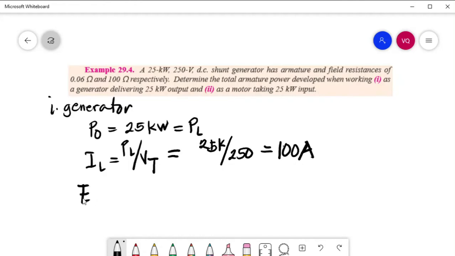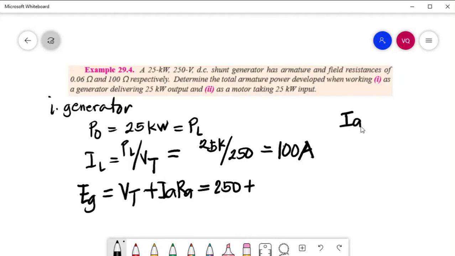The equation for the generated voltage of a shunt generator is terminal voltage plus IA RA. So the terminal voltage is 250 volts plus our IA. What is the value of our IA? In a shunt generator, IA is equal to the shunt current plus the load current.